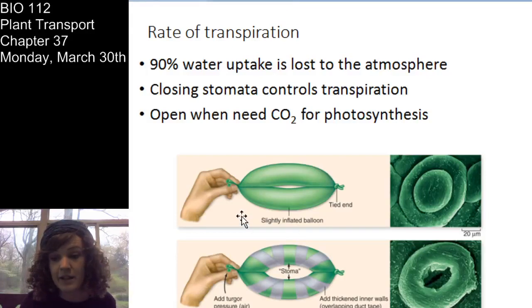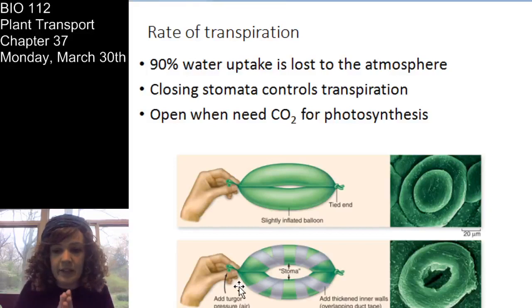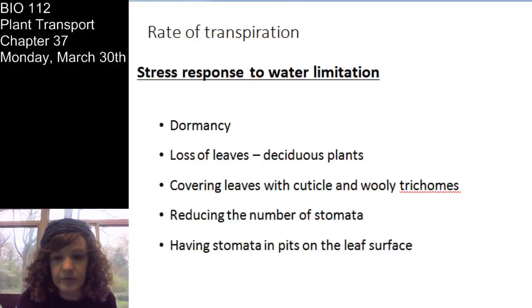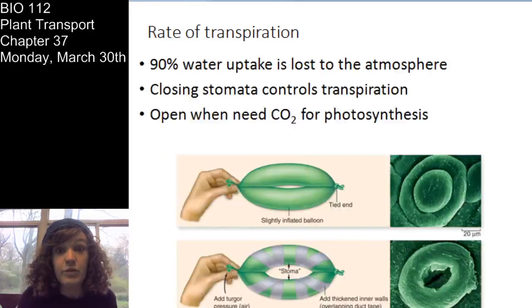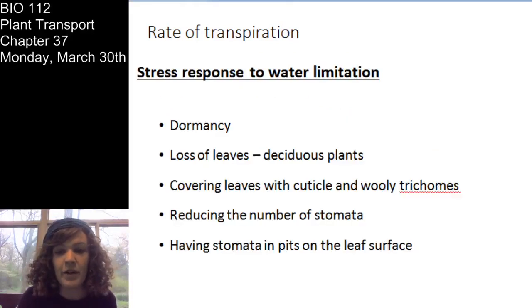These are the guard cells, and if they are inflated, the stomata will open, and then they'll close. So just remember that stomata control the rate of transpiration. Most of that water taken up is eventually lost to the atmosphere.